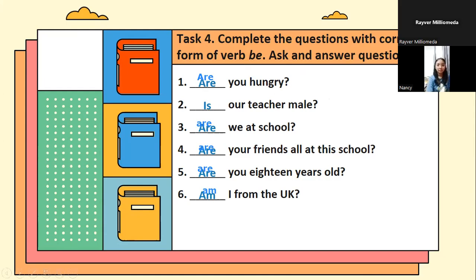No. Have you eaten your dinner? Yes. What time do you usually eat your dinner? I usually have dinner at 6 p.m. Oh, that's very early.